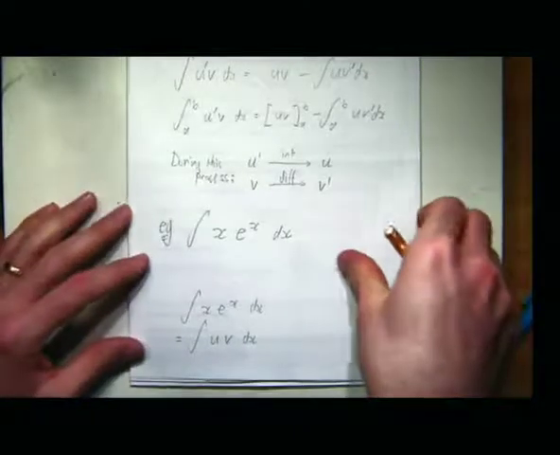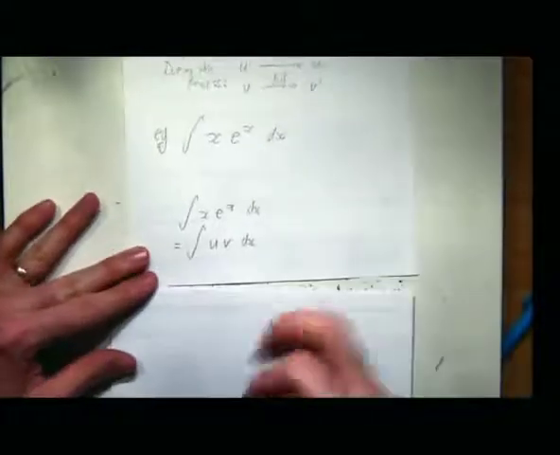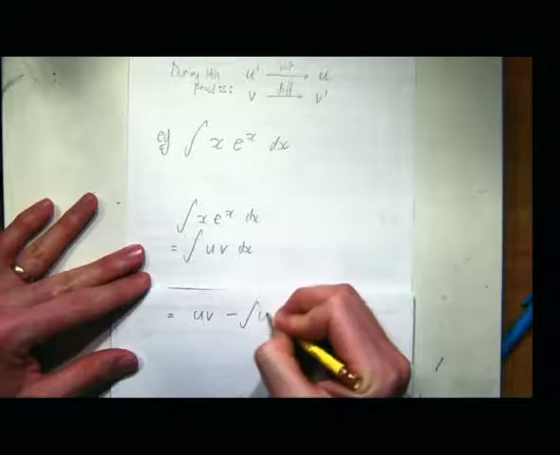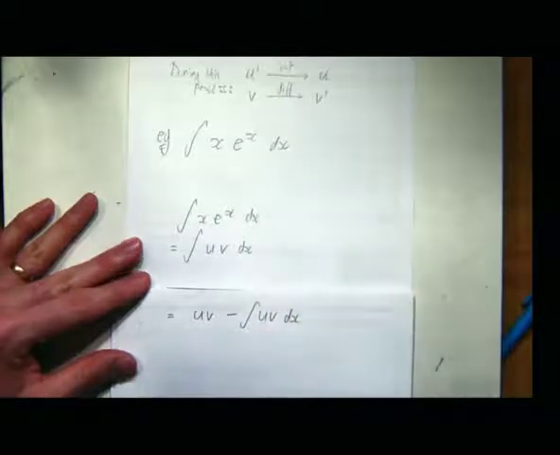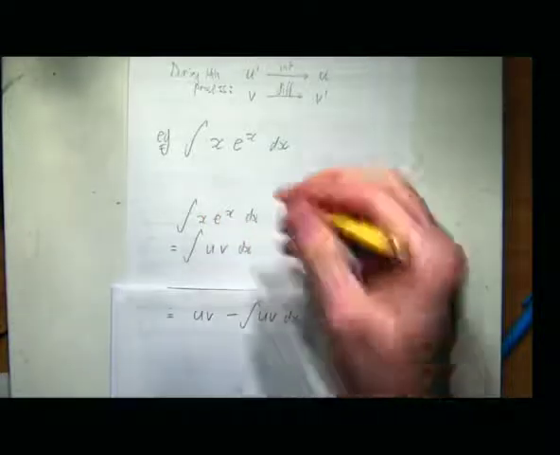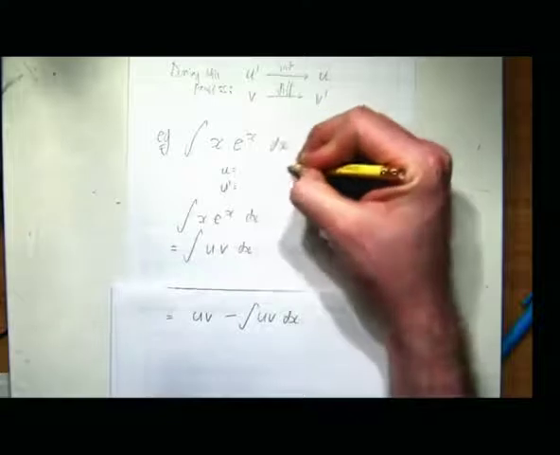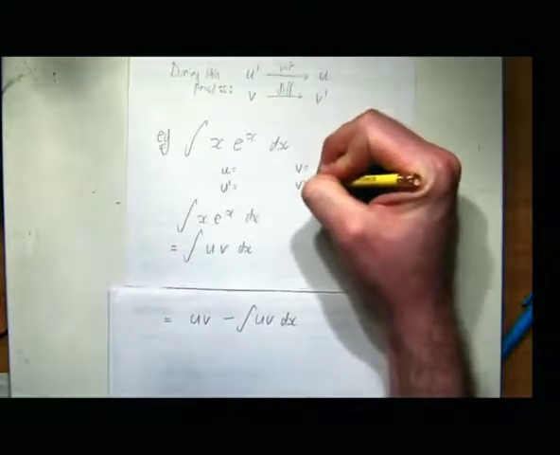And I know that on the next line, this is going to become uv minus the integral of u'v dx. But one of them will have a dash and the other one won't. So that's the thing I need to decide. So I'm going to have u equals and u dashed equals, v equals and v dashed equals. That's what I'm going to fill in now. I'm going to tell the reader.